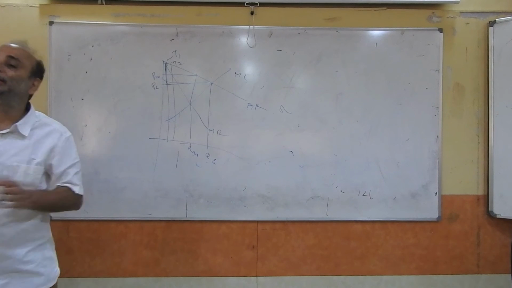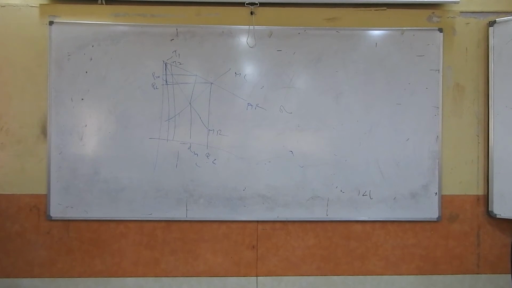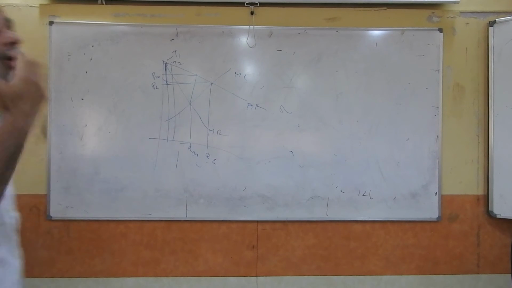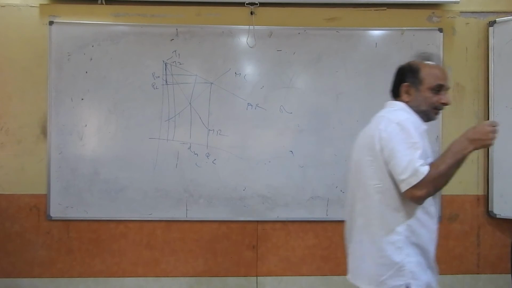What a monopolist can then do is design price and quantity packages, right? A certain quantity at a certain price. Two different price and quantity packages, designed in such a way that buyers will automatically self-select.